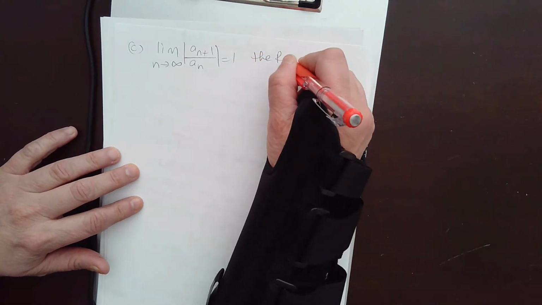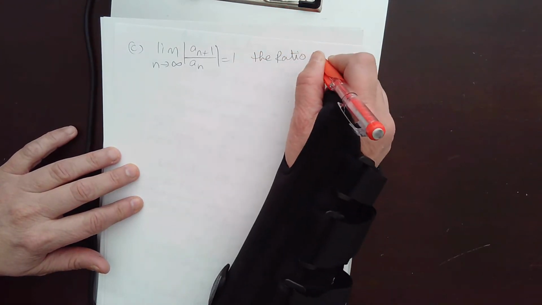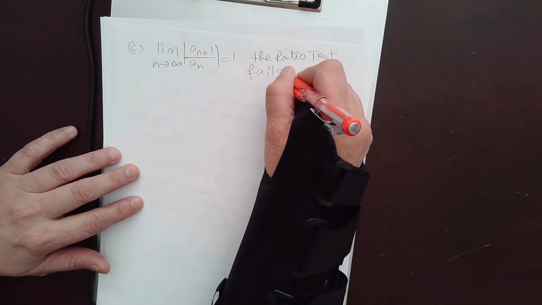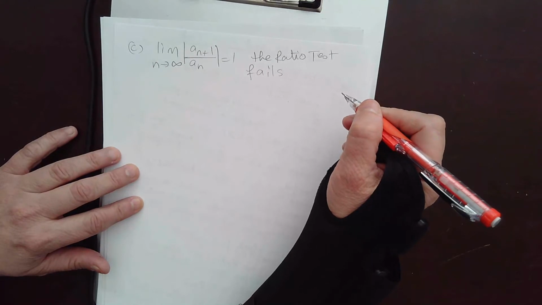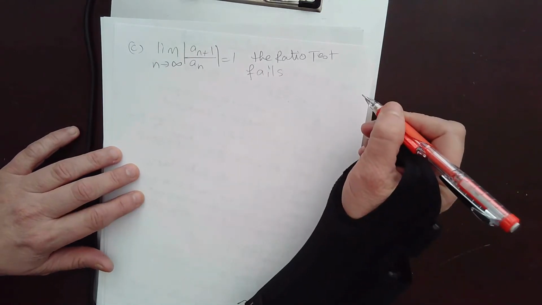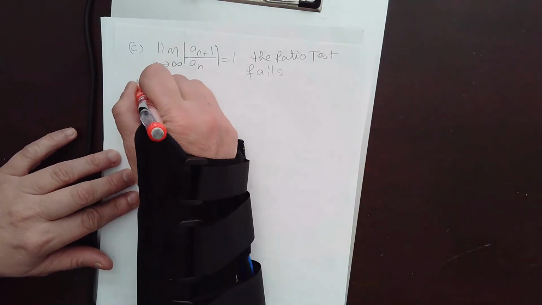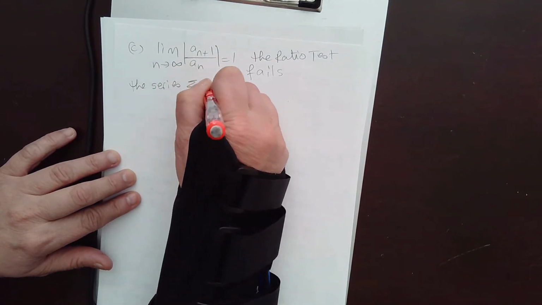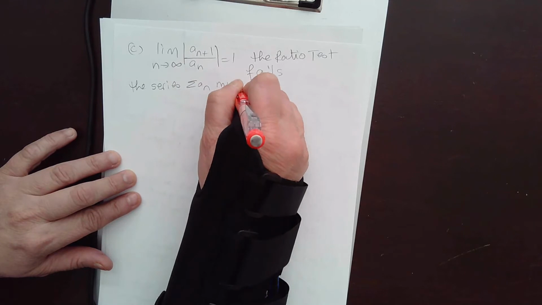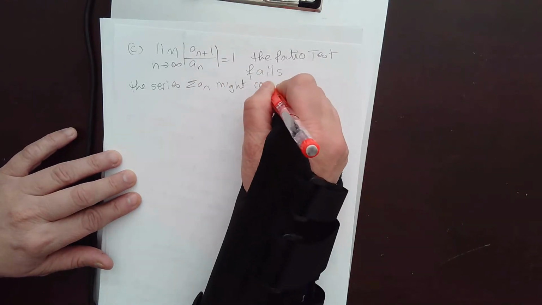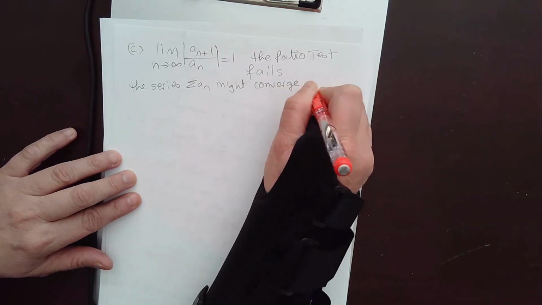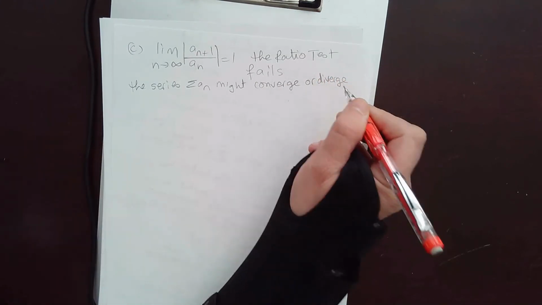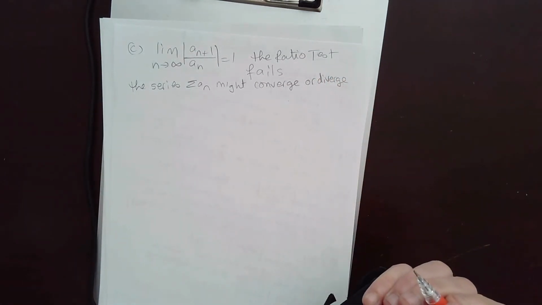The ratio test fails. And the series might converge or it might diverge, so we don't know. So let's do more problems now.